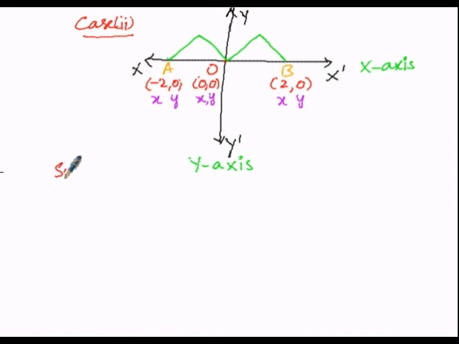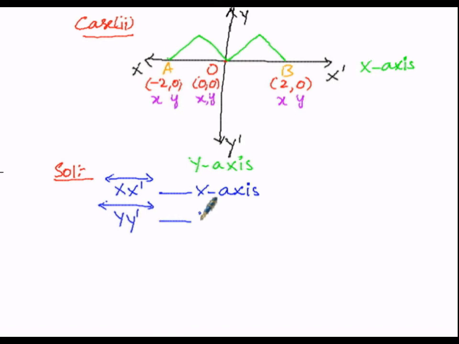In our solution, x dash, the horizontal line, is called the x-axis, whereas y dash, the vertical line, is the y-axis.